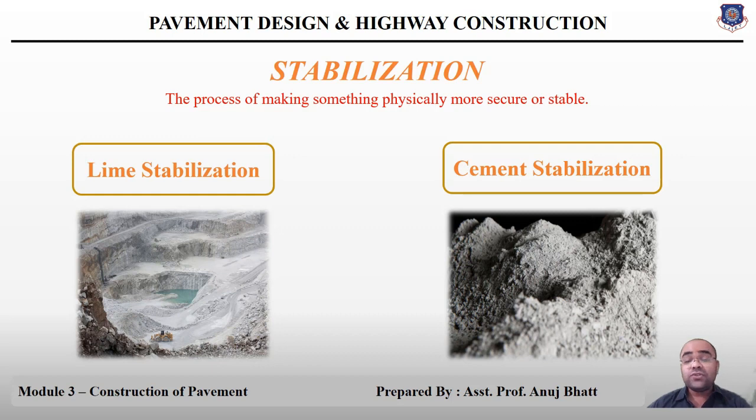This is also one of the MCQs that can be asked: what are the additives that improve the properties of soil cement. So there would be lime, sodium hydroxide, sodium carbonate, and also calcium chloride. Now this is all about the introduction to cement stabilization.